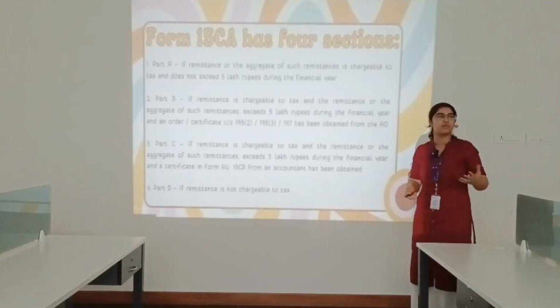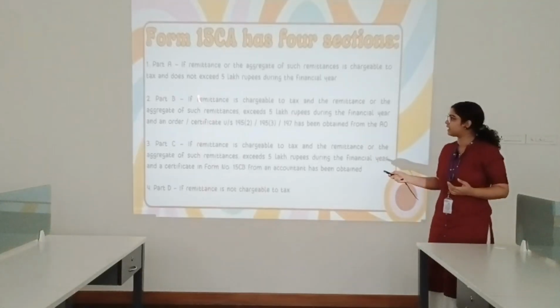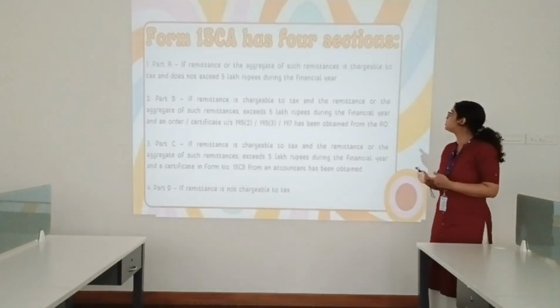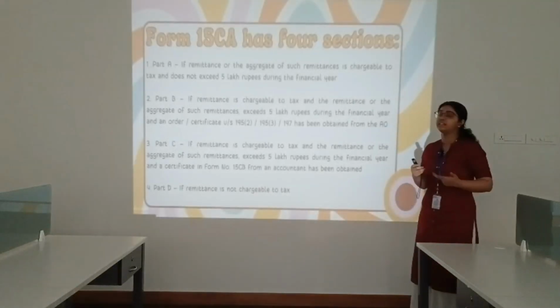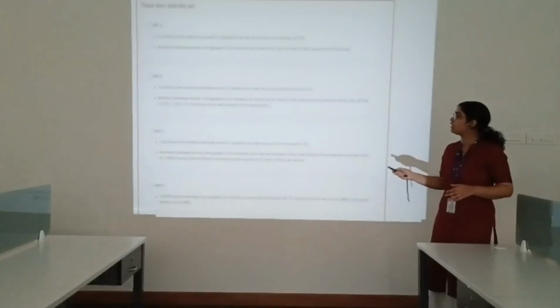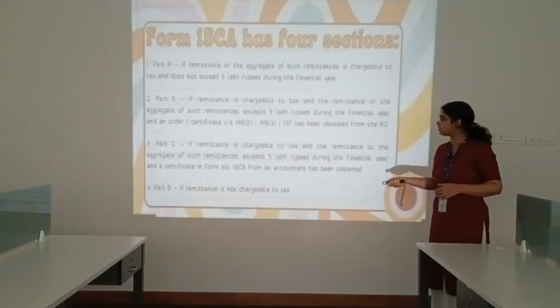As you can see in Form 15CA, there are majorly four parts. Part A: if the remittance or aggregate of such remittances is chargeable to tax and does not exceed 5 lakhs, then you are supposed to fill Part A, the first part.